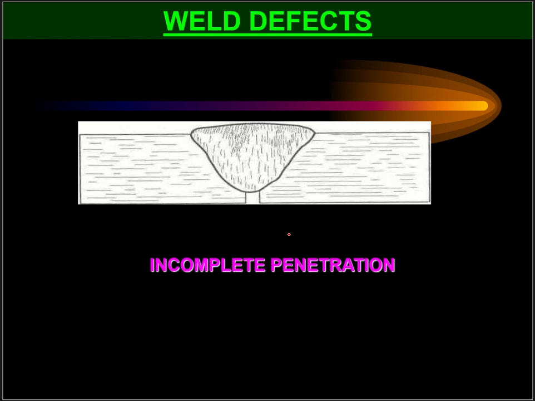Next coming, incomplete penetration or lack of penetration. This is the parent material, and this is the welding area in which you can see the incomplete penetration of the weld. This may be due to an inadequate root gap of the joint, inadequate wedge preparation angle, or the welder's skill.